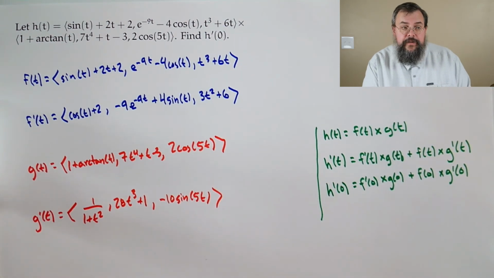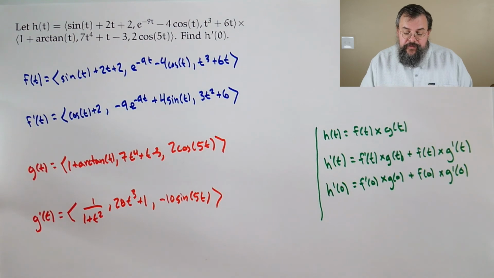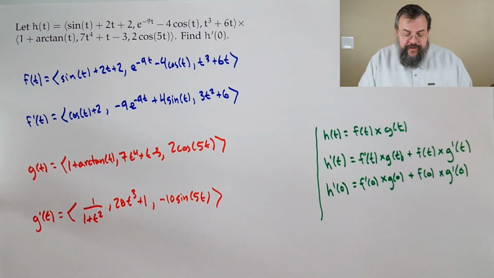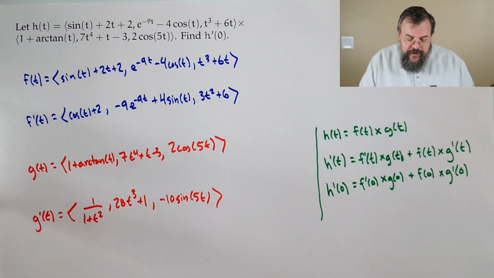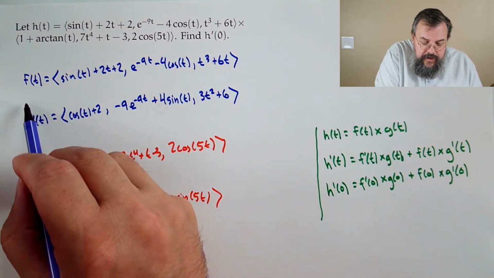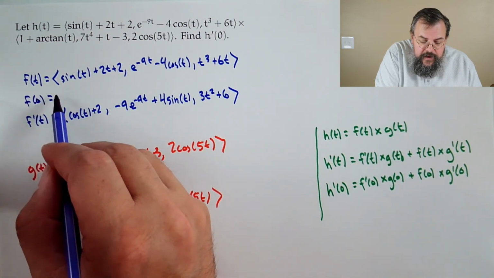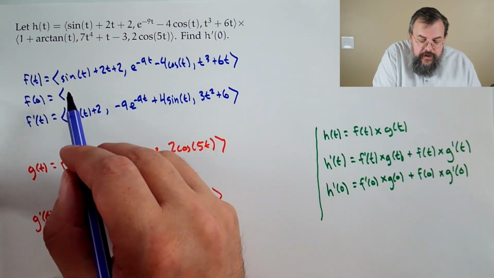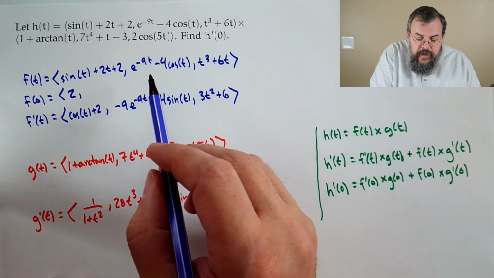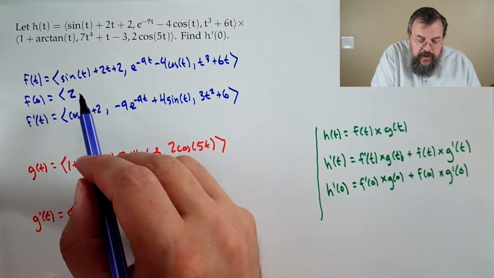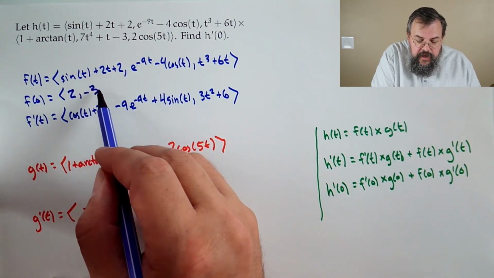Okay, so we took the derivative of each piece. Now remember, our goal is to evaluate before we take cross products. So let's go through and evaluate. Plug in f of 0. We get 0 plus 0 plus 2, 2. e to the 0 is 1, minus 4 is minus 3.